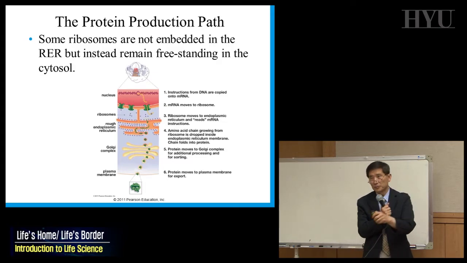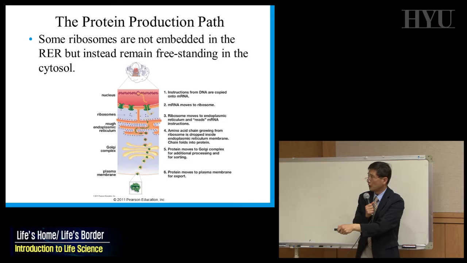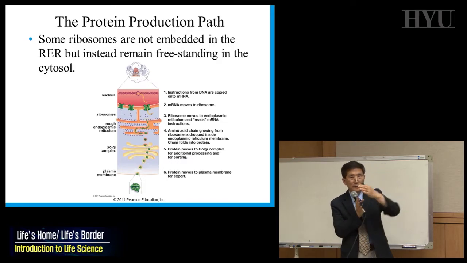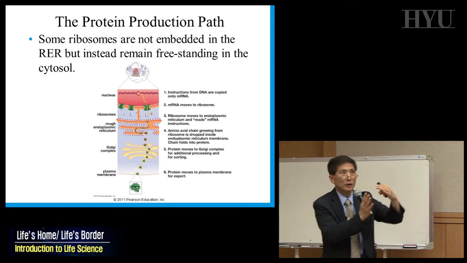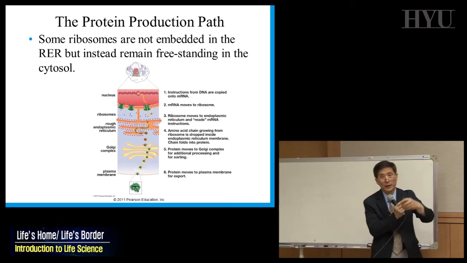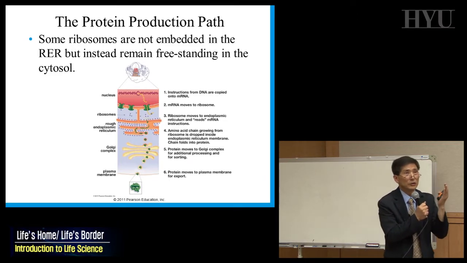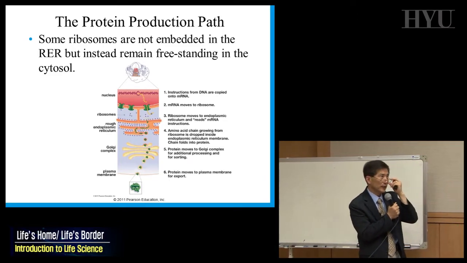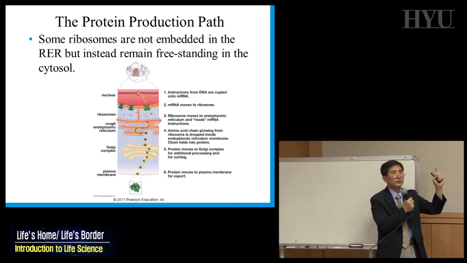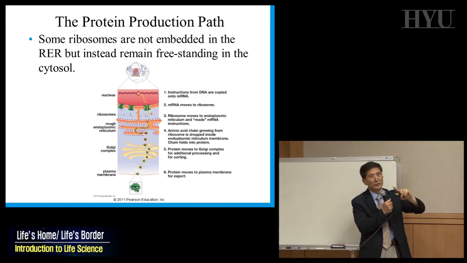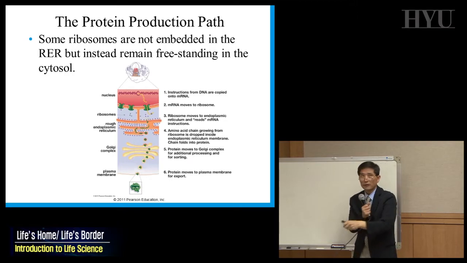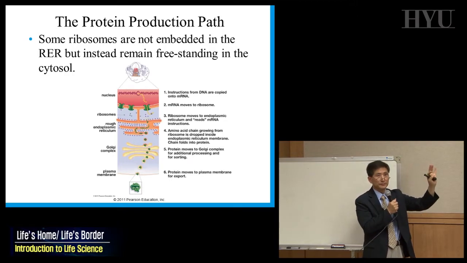The other place shown here is a membrane compartment. There is a narrow passage made by membrane. We call it the endoplasmic reticulum, ER. There are two types of ER: smooth ER and rough ER. Smooth ER doesn't have ribosomes, so it doesn't make protein.